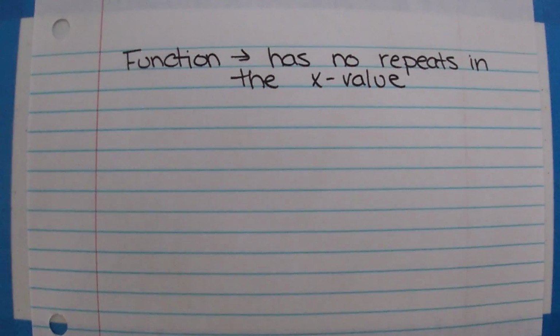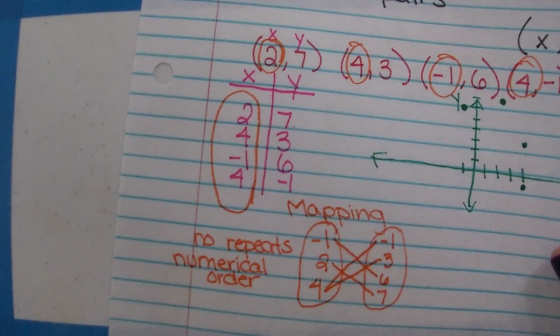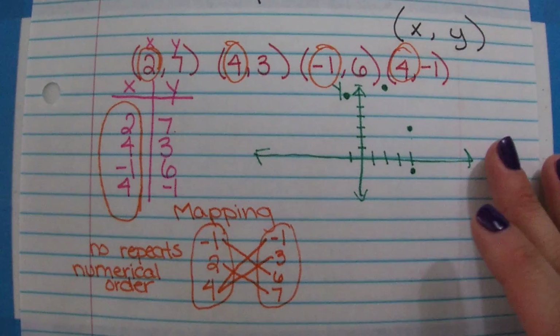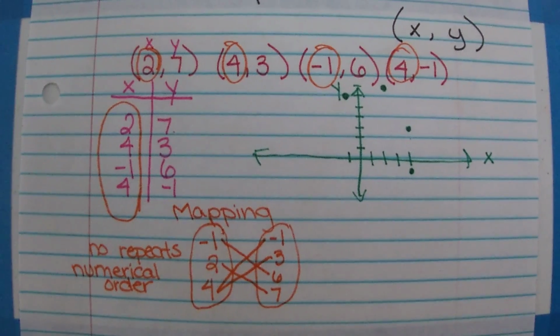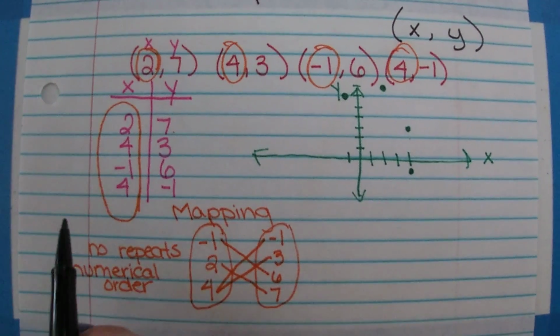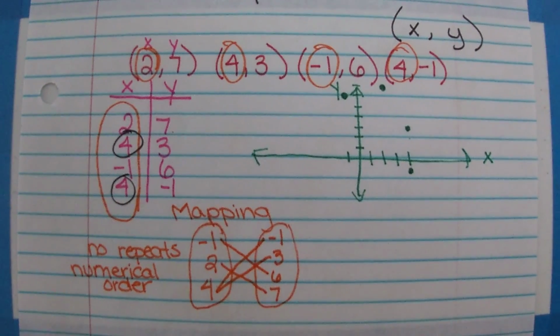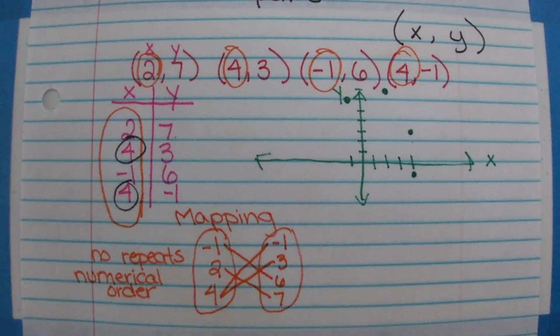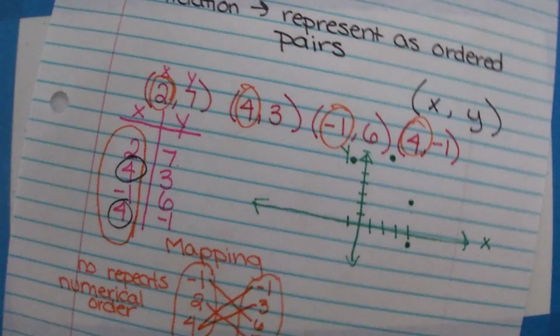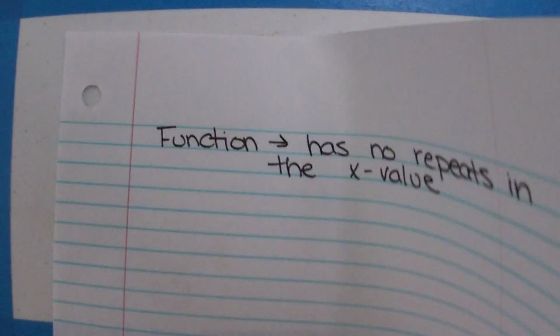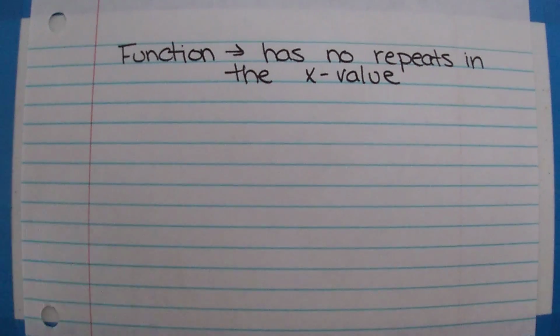Okay, a function has no repeats in the x value. So this problem that we were just looking at would not qualify as the specific type of relation we call a function because this x value happens twice. It repeats. So this is not a function. So a function has no repeats in the x value.